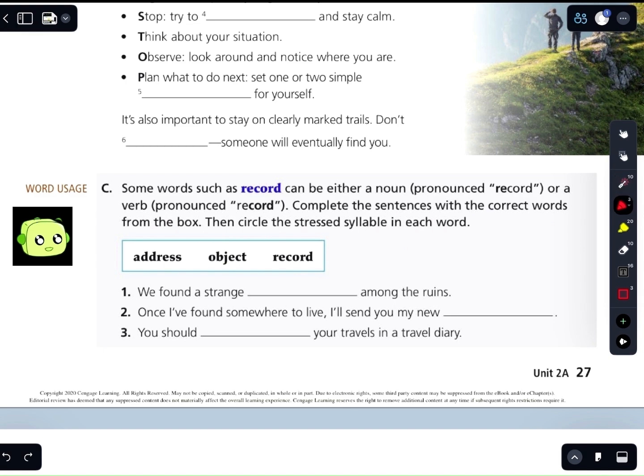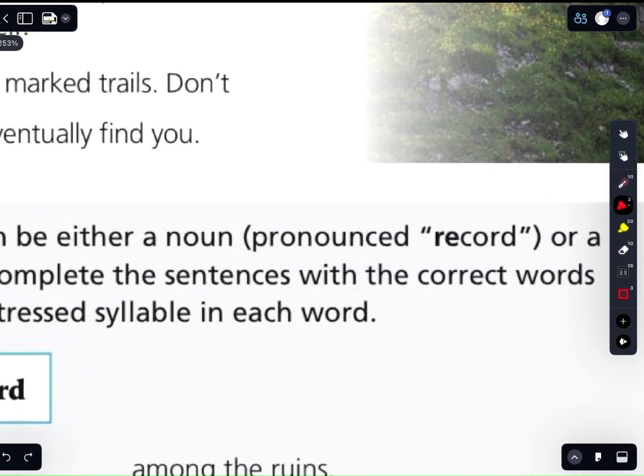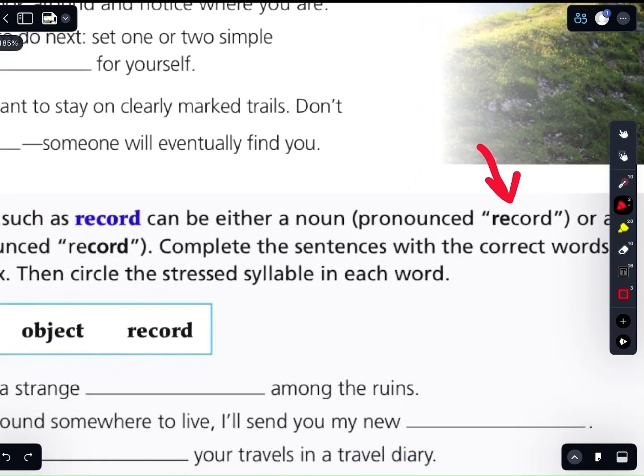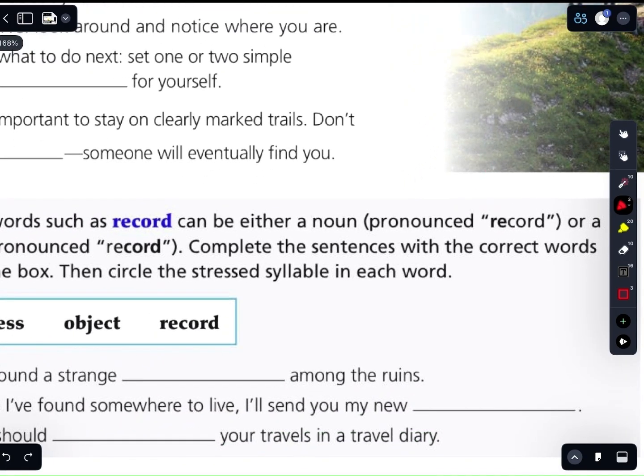So in English, we have words that are spelled the same, but they mean different things, and actually their pronunciation can give you a clue as to what they mean, which version of the word they are using. So this one, we have the bold here. So the bold is the stress of the syllable. So this one has the stress on the first syllable. So we say record, record. I know this might be a bit strange, but we say record.